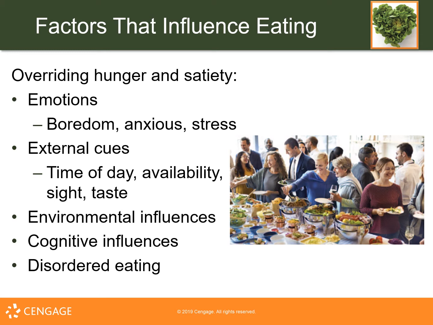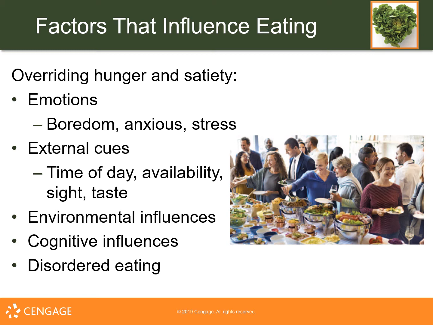Factors that influence eating. Appetite prompts a person to eat or not eat. Hunger is the body's physiological response to a need for food. Overriding hunger and satiety: emotions, be it boredom, anxiety, stress, can influence your desire to eat.